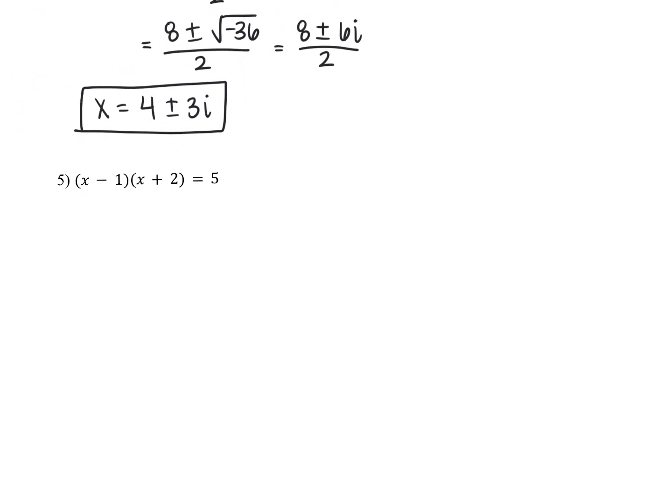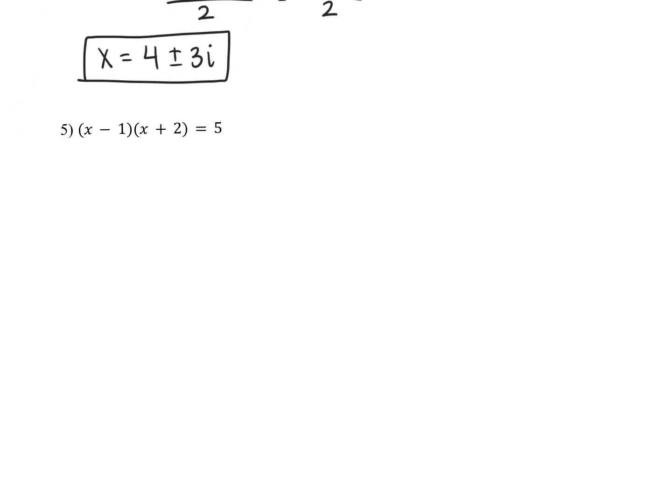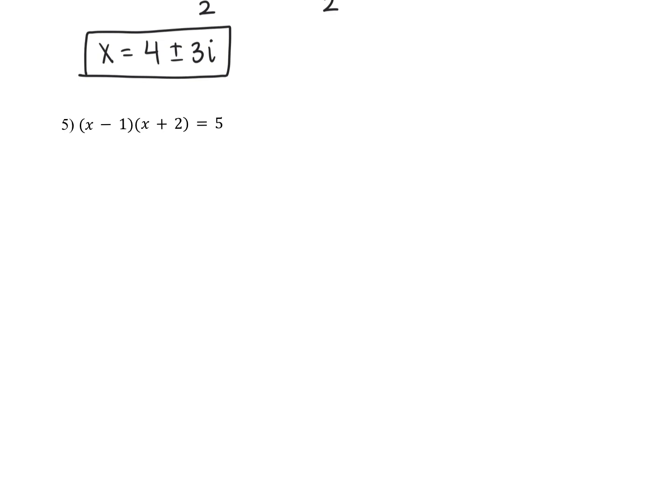Okay, so our last example, x minus 1 times x plus 2 equals 5. There's actually quite a few steps I have to do here in order to use the quadratic formula. The first step is that I have to distribute into the parentheses.